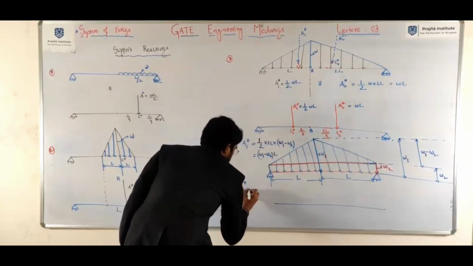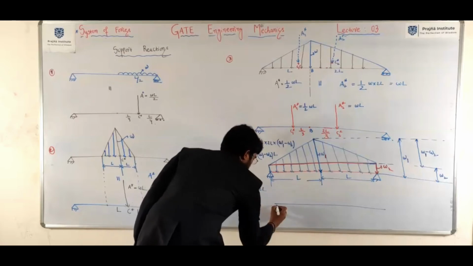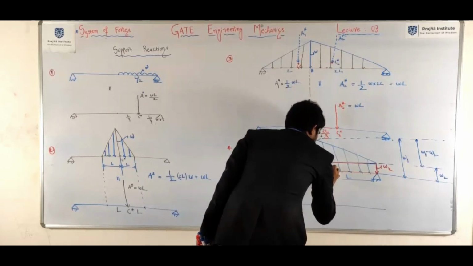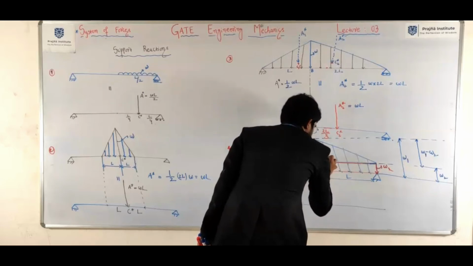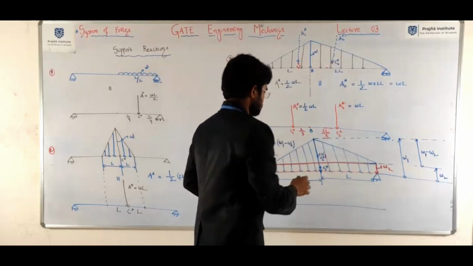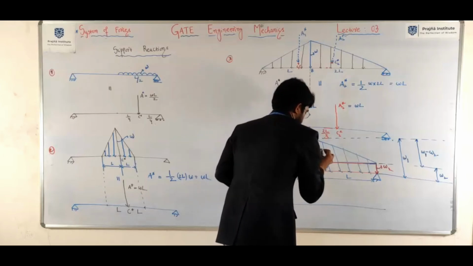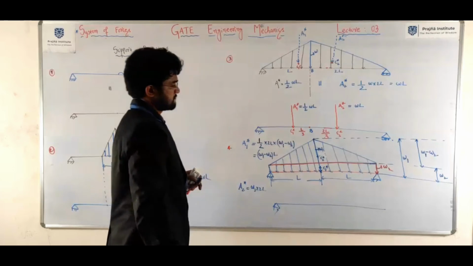A2 star is equal to W2 into 2L. Now placed at the centroid. This is C1 star. It is C2 star. Correct?